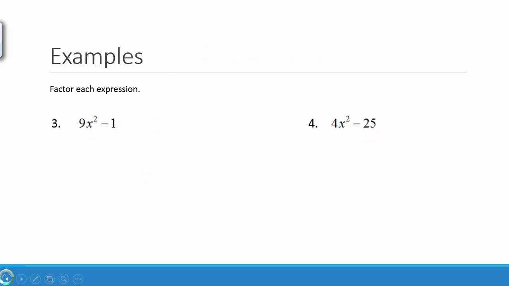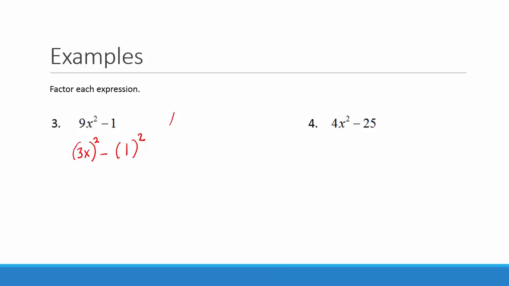In our next example, we have 9x squared minus 1. 9x squared can be written as 3x in parentheses all squared. And we can rewrite 1 as 1 squared.